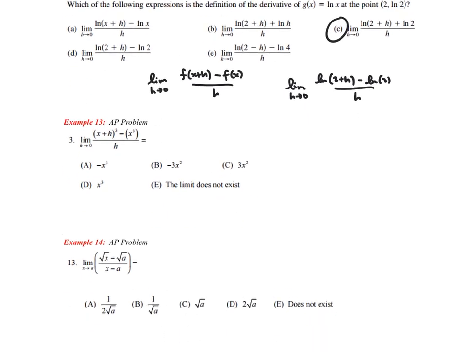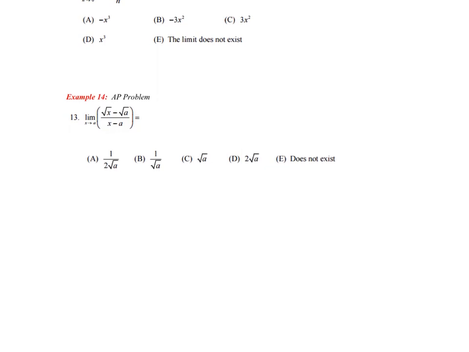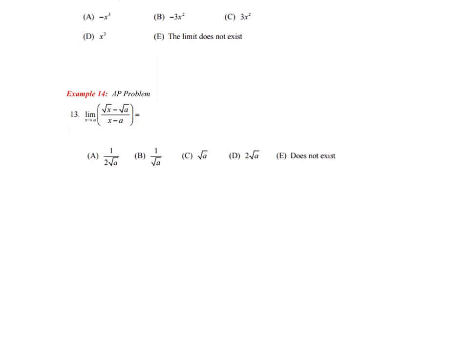Okay, I'm not going to do your entire homework assignment for you, so I'm going to look at number 13, and then we'll call it good. Again, we're into the alternate definition of the derivative, and this limit represents f prime at a.